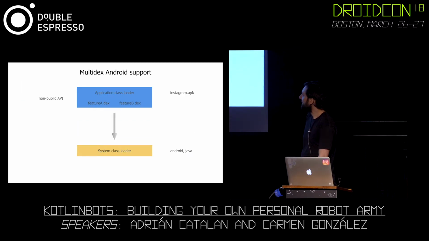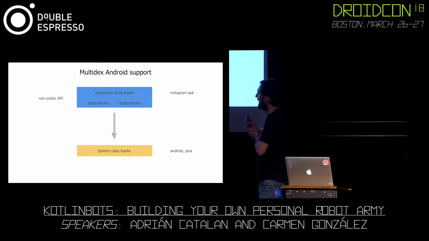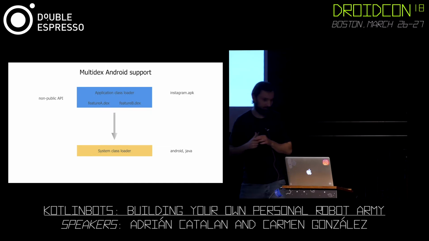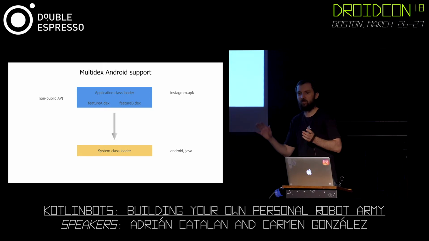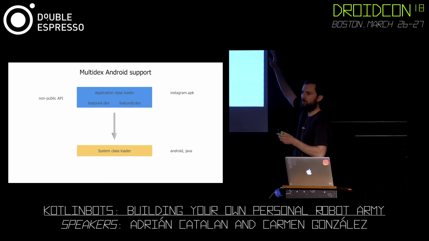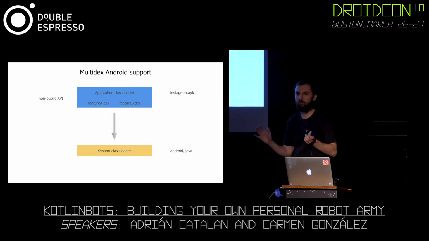Another approach is to follow what the Multidex library does. The Multidex library modifies the application class loader by using non-public API. The class loader doesn't have an API that says, can you please handle this one more file? Once initialized to our APK file by the system, there is no public method to handle another file.